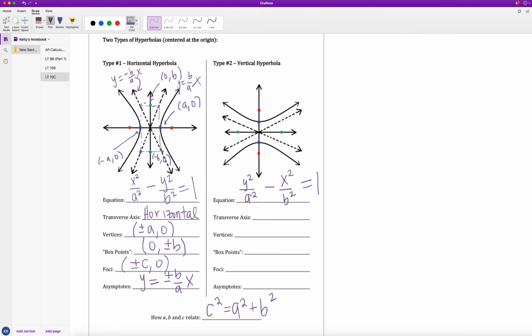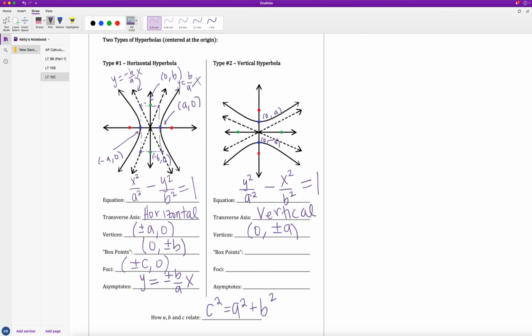The transverse axis this time is going to be vertical, since it's a vertical hyperbola, and the vertices now, instead of being x-intercepts, are actually up here and they're y-intercepts, so they're going to be at 0, comma plus or minus a. So if I label them on the graph, I have 0, comma a, and then 0, comma negative a.